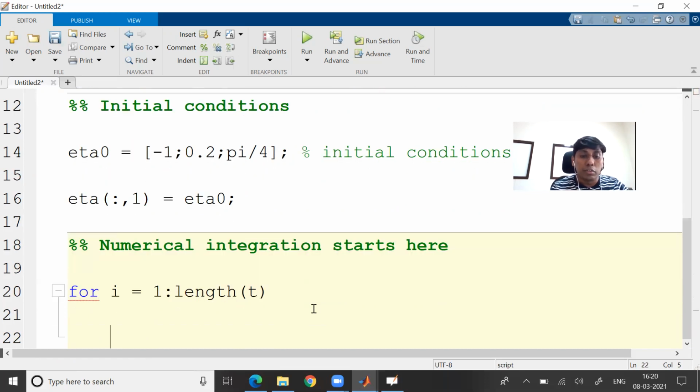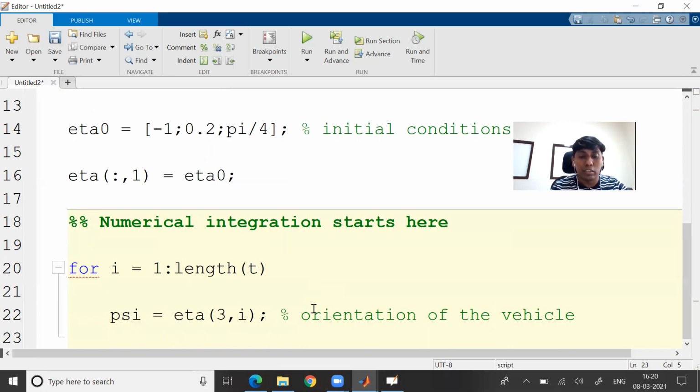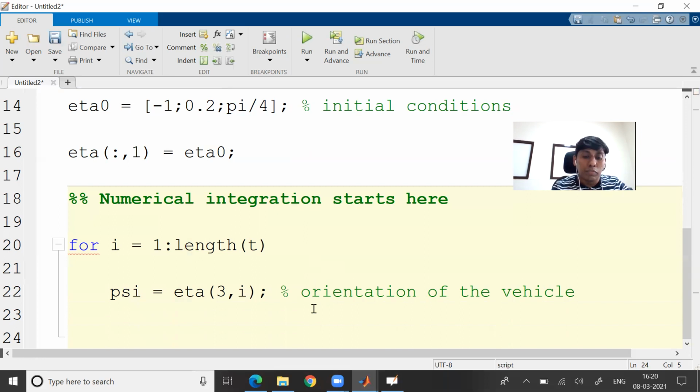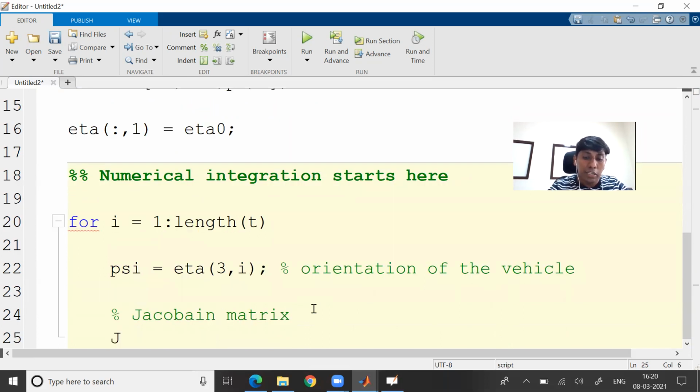Now you need to define psi, because we are going to write that. So what is psi? Psi is eta at the ith instant, the orientation of the bike with respect to the ground frame. That is understood, right? Now we have to write the Jacobian matrix, J of eta.